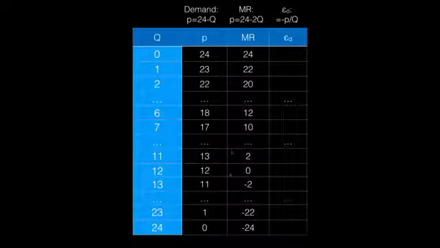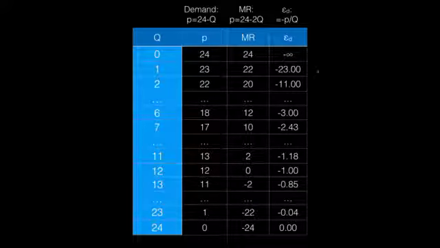Realize that with a downward sloping linear demand curve, you're going to have a portion where marginal revenue is positive and a portion where marginal revenue is negative. From there, we can also calculate the price elasticity of demand, which is negative the price over Q. At Q of 0, we have negative P over 0, which is negative infinity.